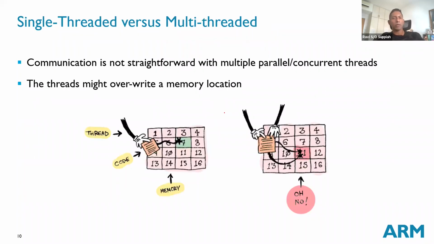Now, in terms of single-threaded and multi-threaded, what is the issue? If I have a variable over here, and I write a function, a thread or a function that has some code that accesses this memory, when I access this memory, I know that this particular function that is currently accessing this variable is the only one doing it.